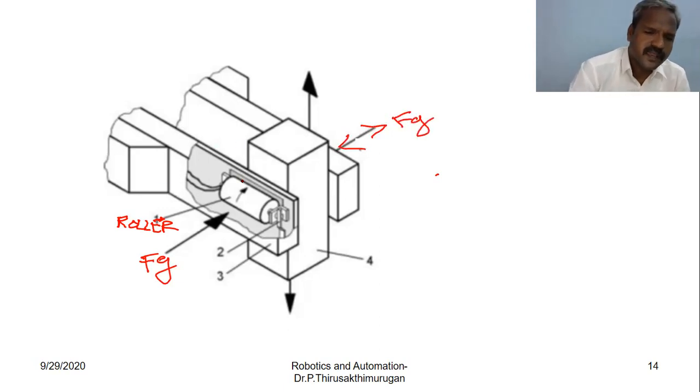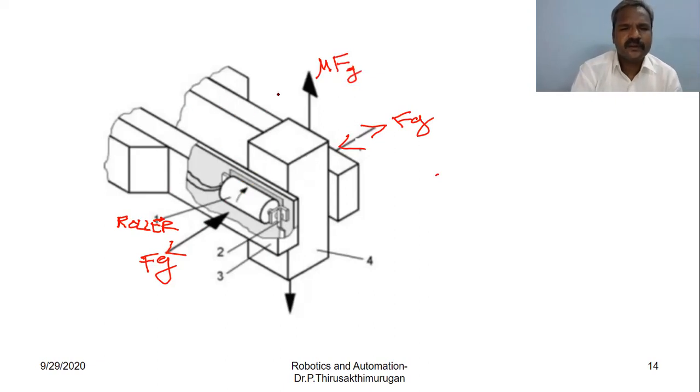This force on either side may be for prehension or release. This is the normal force. So what is the normal force? Normal force is mu times Fg.